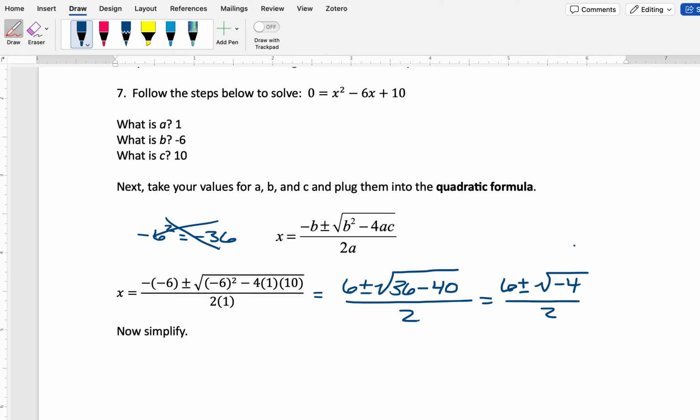So remember from a few weeks ago, the square root of negative 4 is positive 2i. The negative sign becomes the i, and 4 is a perfect square, so I take the square root and get 2. So we have 6 plus or minus 2i over 2.